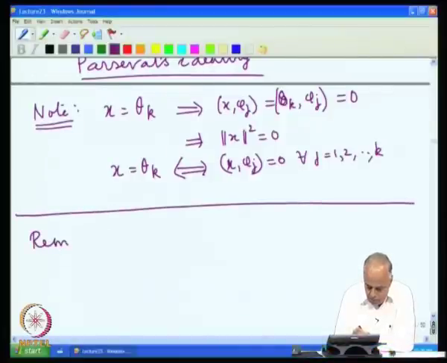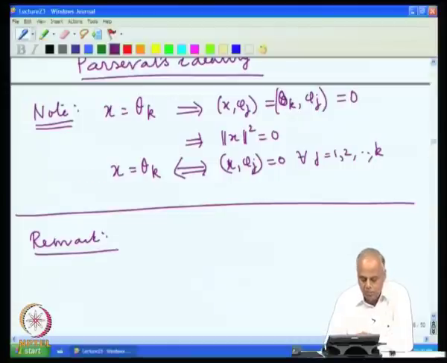Remark, we can do the same thing in a subspace also.